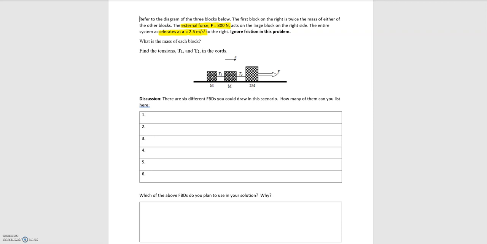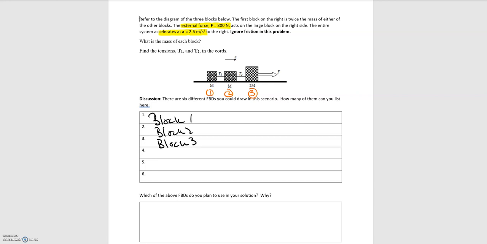So I'm going to start by just labeling these blocks. I'm going to call the first little block, block 1, second little block, block 2, and then the larger block, block 3. So we can draw a free body diagram for each of these individual blocks. So we have block 1, block 2, and then block 3.